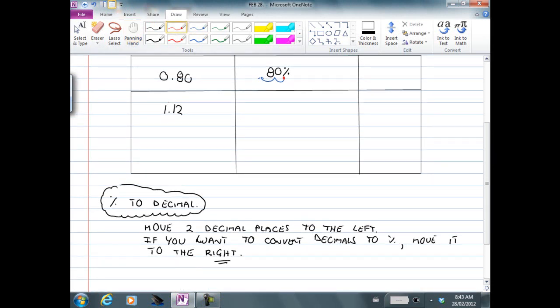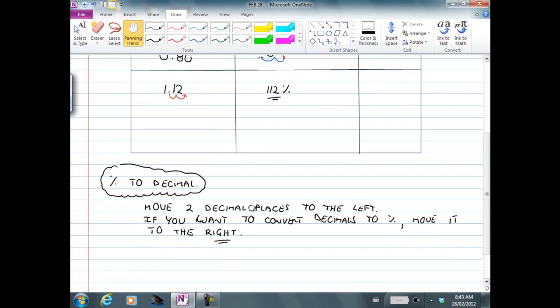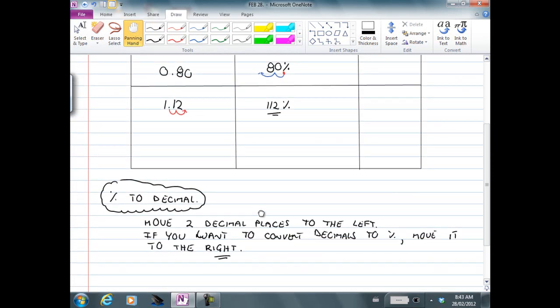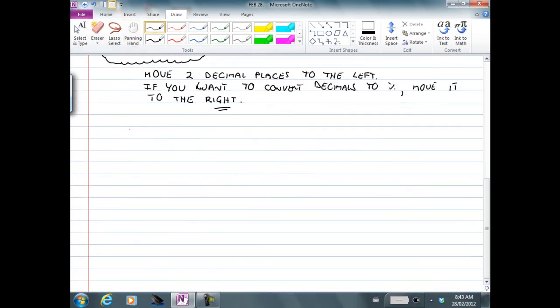So here's my decimal place. Watch. 1, 2. Therefore, the answer is 112%. So if I say you got 1.12 on your exam, it's actually a good thing, which means you got a bonus question correct.